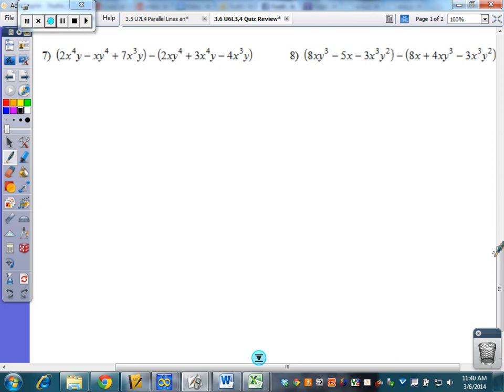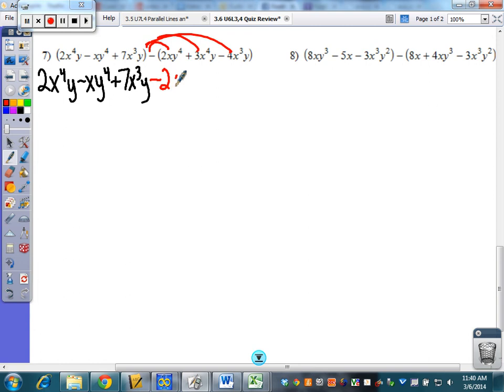Okay, next one. Rewrite the first, and we'll distribute this negative. So we have minus 2x. All right, so looking for like terms, we have an x to the fourth y and an x to the fourth y.